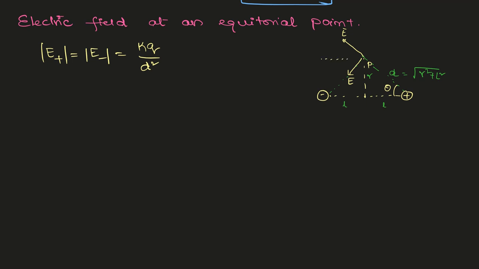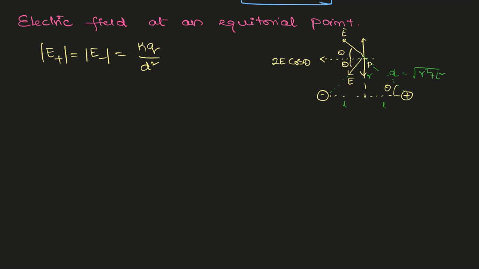If this angle is theta, this is theta, this is also theta. So both the cos components get added up to give the net field, and the sine components get cancelled, so we'll have net electric field along y-axis 0, and only net electric field along x-axis.